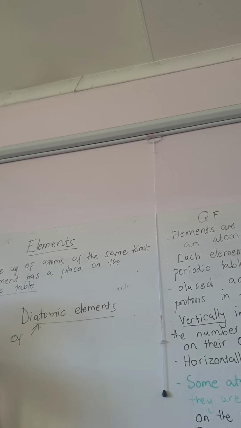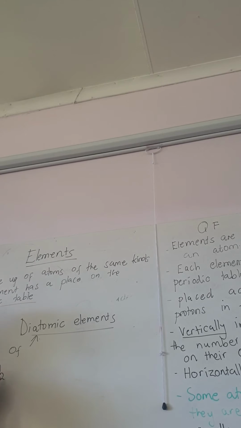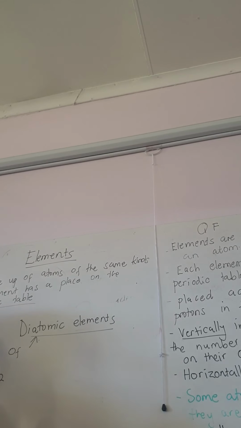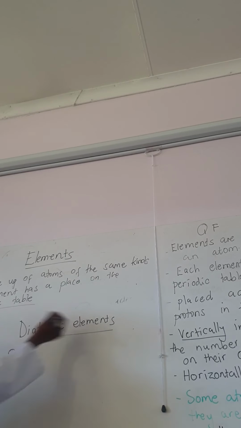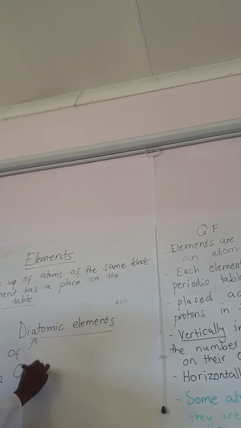We have hydrogen. We have nitrogen. That is why we write this small 2 here. It means that it is nitrogen and nitrogen that are bonded together. They cannot exist on their own, hence they are known as diatomic elements. And then we have oxygen. We have also fluorine.